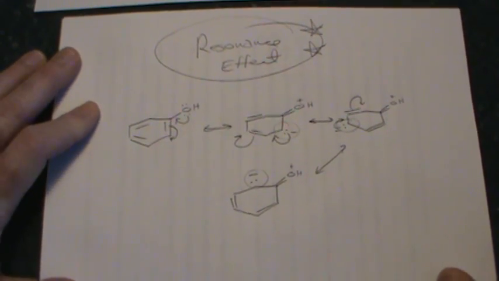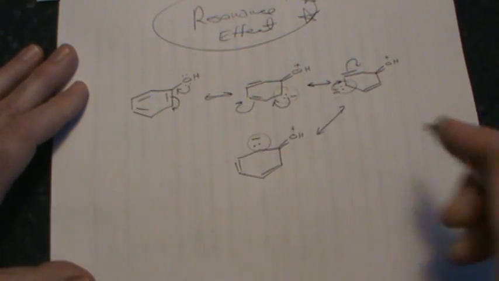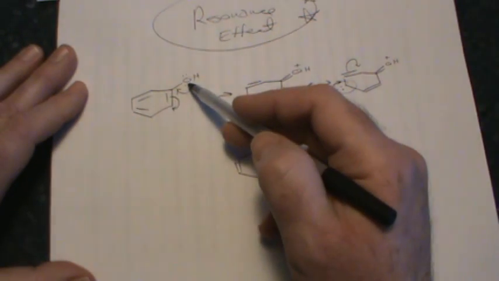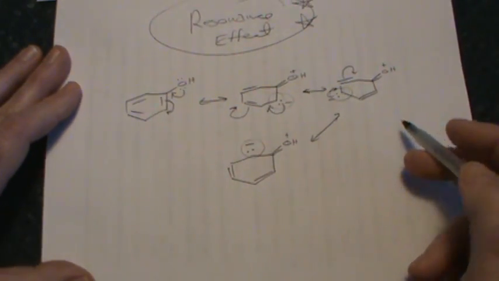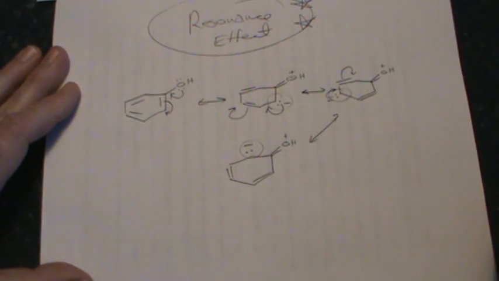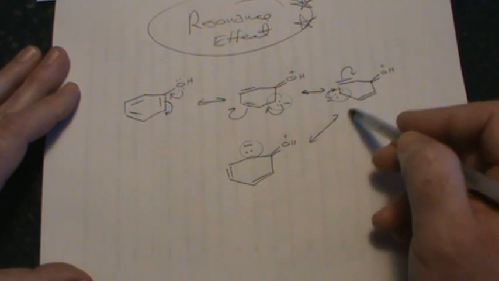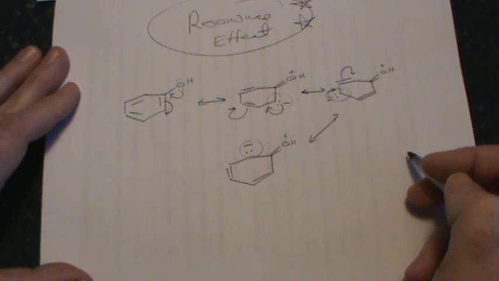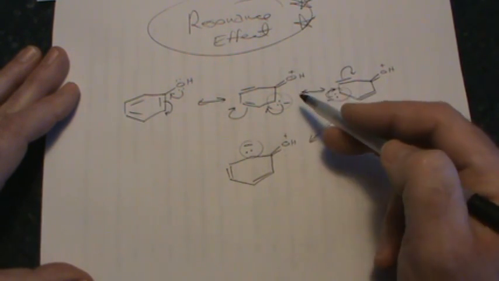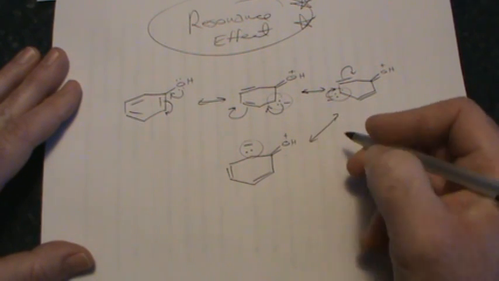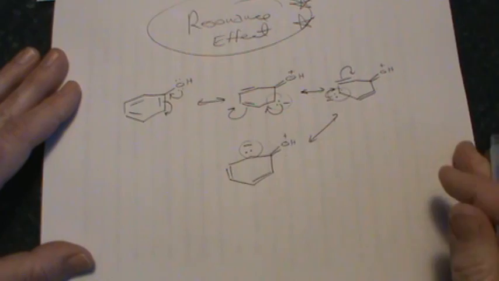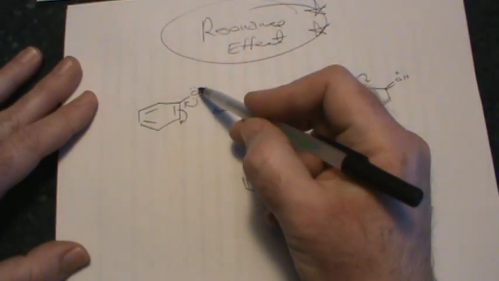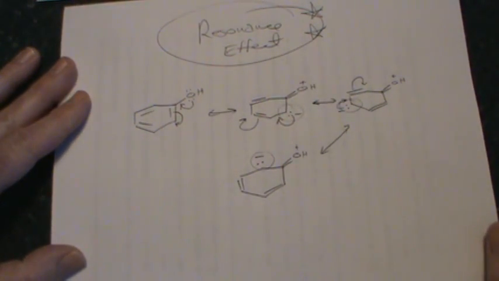That in turn explains why, number one, this is an activating group, because this is a powerful resonance effect. Remember, resonance effects trump inductive effects. There's lots of extra electron density in the ring now. But also we understand why electrophiles would be attracted to the ortho and para positions, hence the OH group is an ortho-para director.